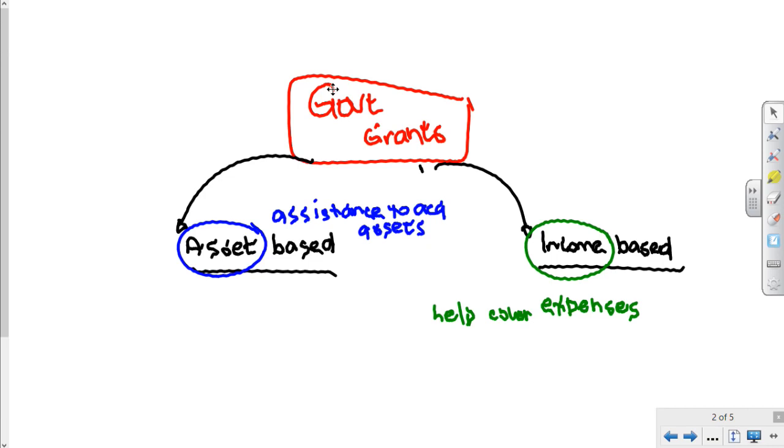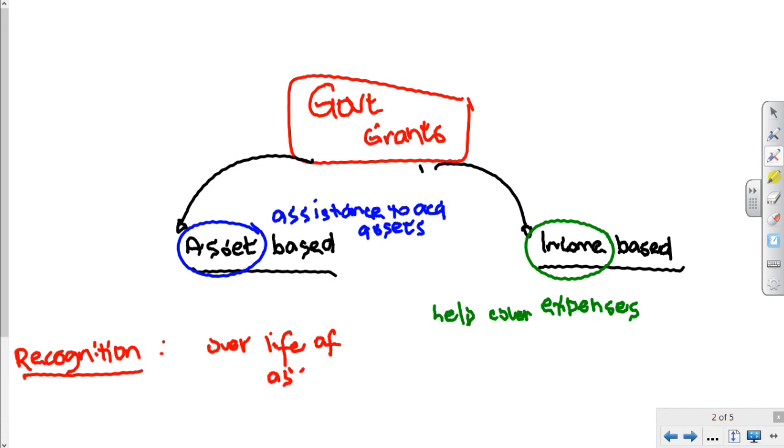So that's definition. When can we recognize these grants and how do we recognize these grants? Recognition for the two is quite different because the asset-based grant is recognized over the life of the asset.